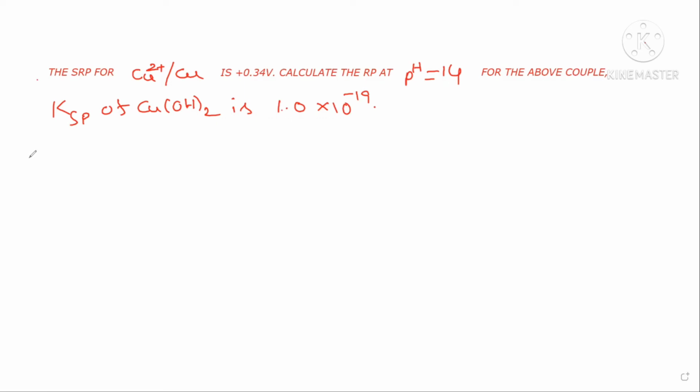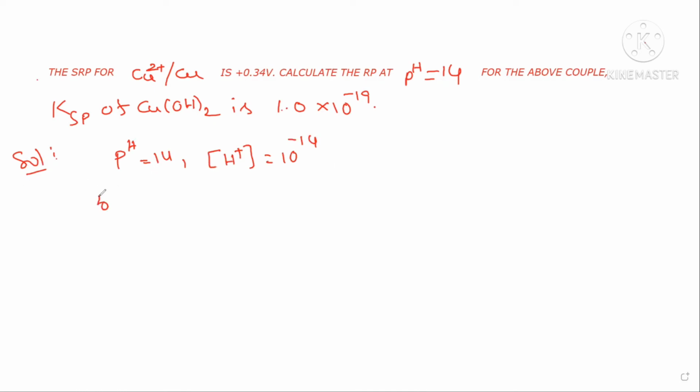calculate the OH minus ion concentration in solution. In the problem, pH is equal to 14 is given. That means H+ ion concentration is equal to 10 to the power of minus 14.